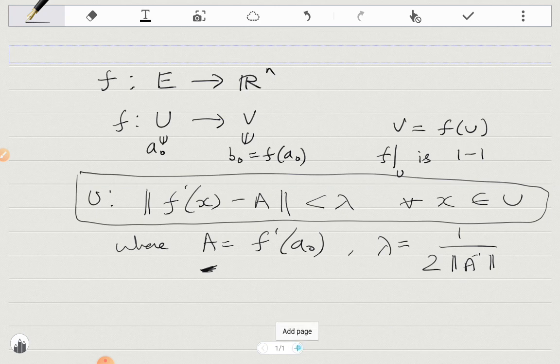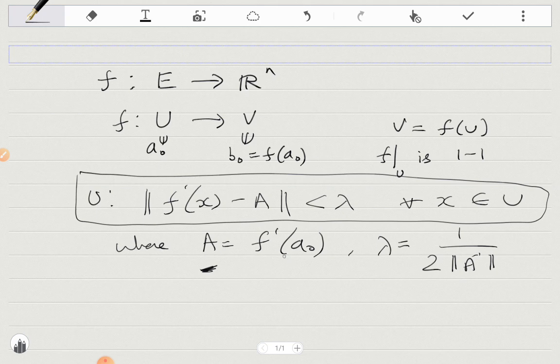So let's first do a small linear algebra lemma. This neighborhood U has been chosen so that the derivative of f at any x is close in the operator norm to the derivative at A naught.